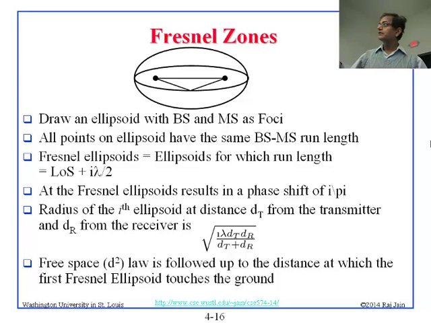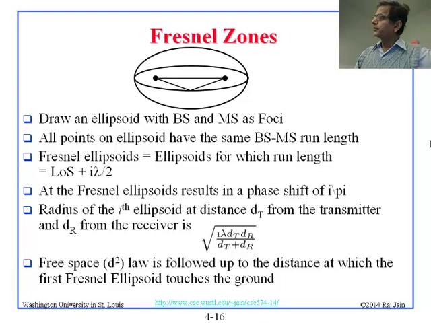The plural of focal point is foci, whatever that is called, right? All right, so now let's see. The radius of the ith ellipsoid at distance dt from the transmitter and dr from the receiver is given here. The ith ellipsoid, so the first letter should be i.